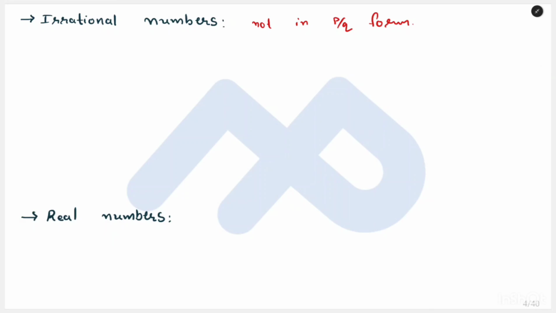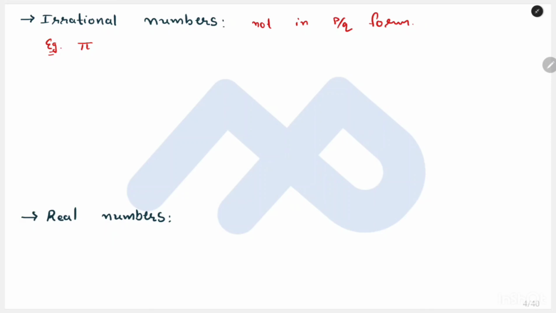For example, pi. You must have heard this number pi, which we use for finding the circumference of a circle or the area of a circle. Area of a circle is pi r square, and circumference is 2 pi r. So all these formulas contain this number pi.